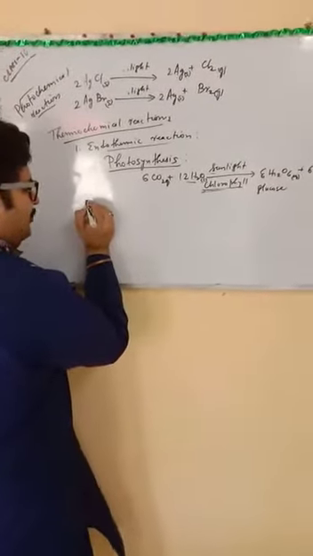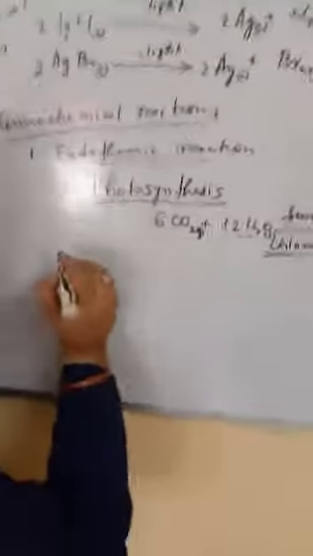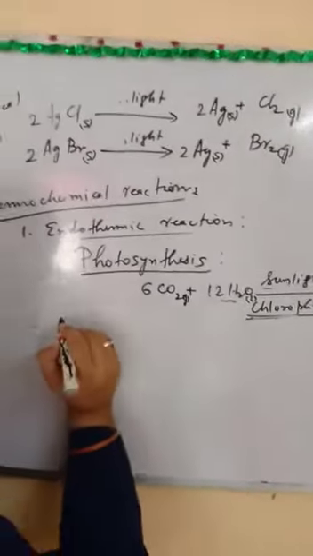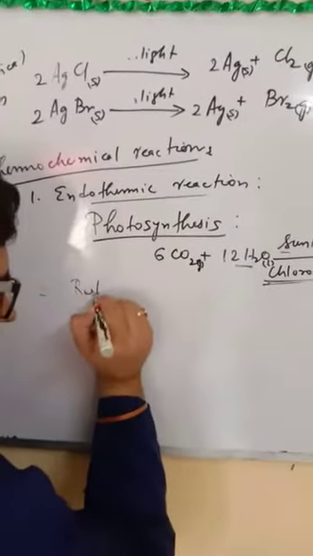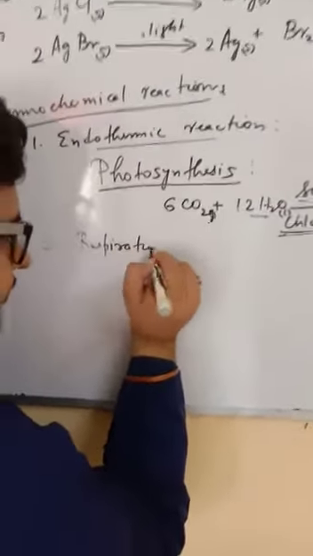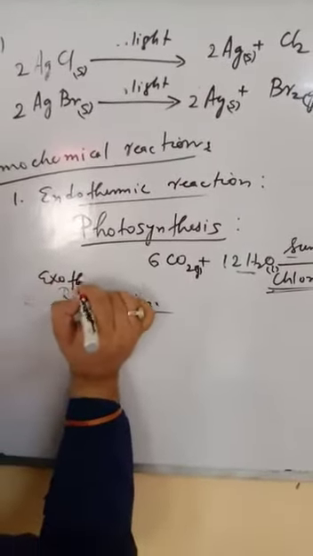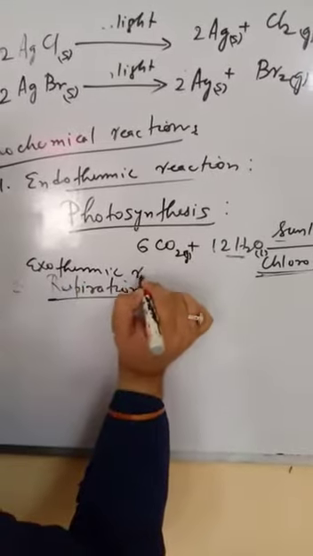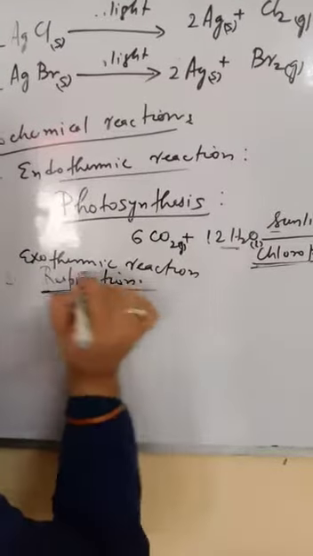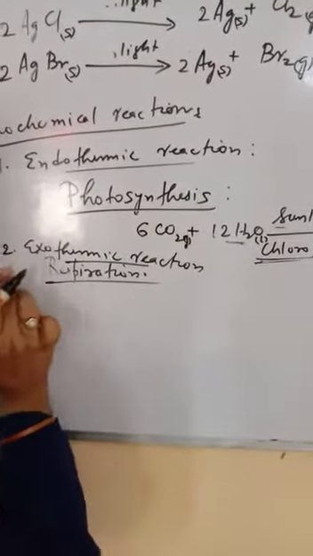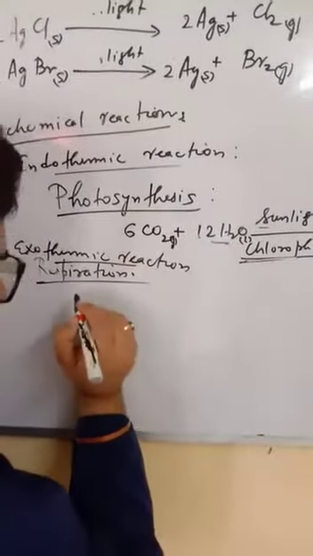Now second is the exothermic, what I have said, that is an example. Here I will give a biological example. It is respiration. Exothermic reaction. In an exothermic reaction, what happens?